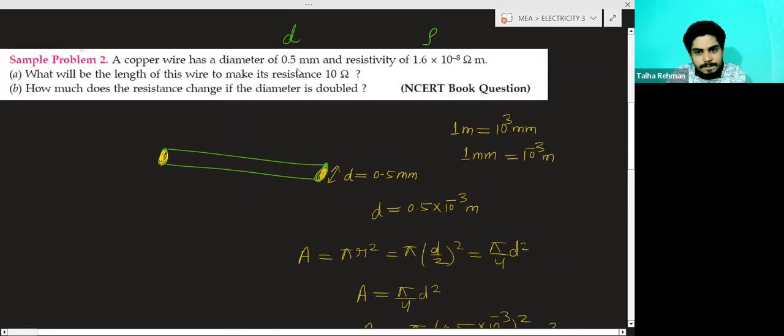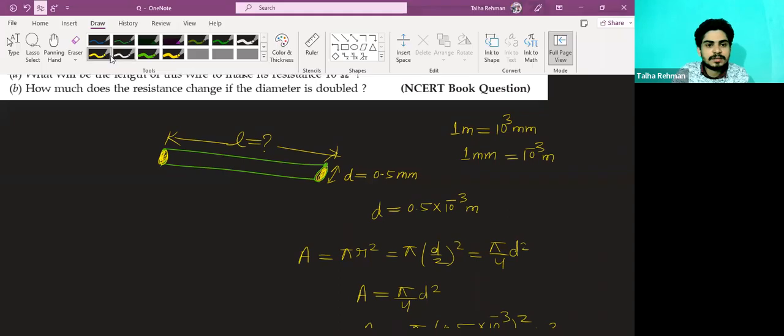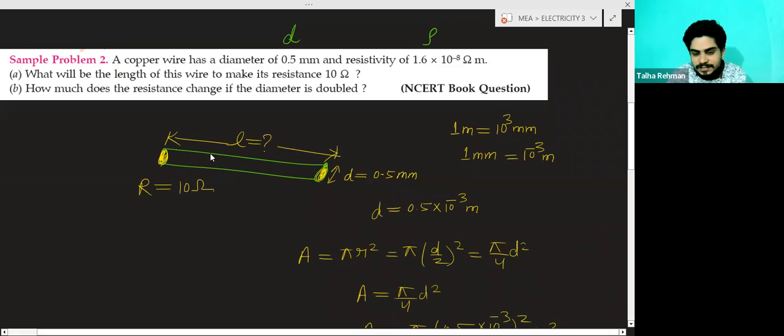Now another thing, they are asking the length of the wire. Length of the wire is asked. And what is given? Resistance is given. Resistance of the wire is 10 ohm, because we want to make the resistance of the wire 10 ohm. Resistance is given.